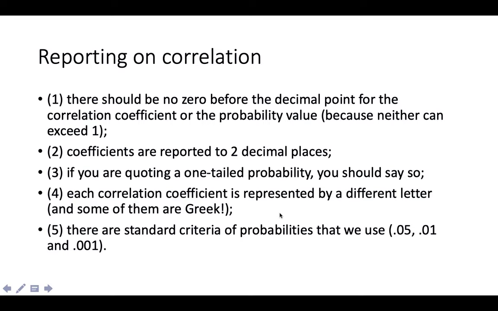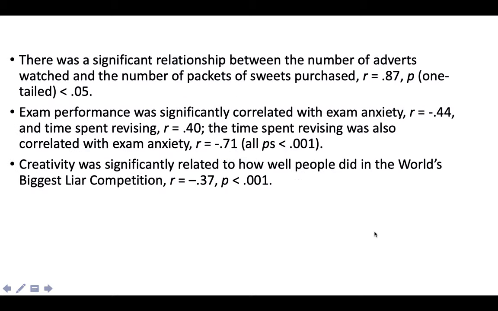Each correlation coefficient is represented by a different letter. You can look it up on the internet, and there are standard criteria of probabilities that we use. So for example, P was smaller than .05, P was smaller than .01. For example, there was a significant relationship between the number of adverts watched and the number of packets of sweets purchased.